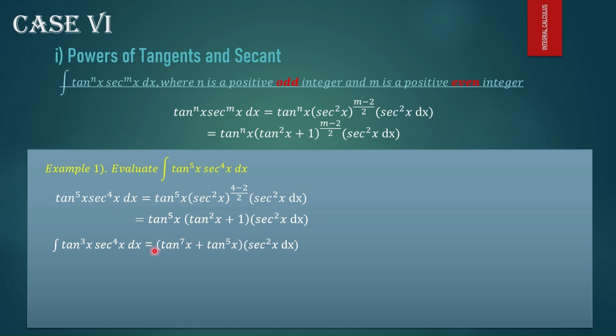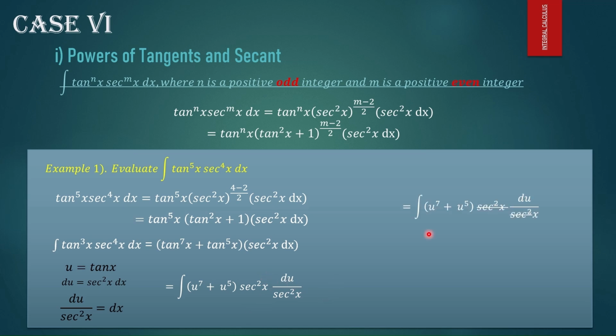By distribution, we can have 7 power of tan x plus 5 power of tan x multiplied to secant squared x. We let tan x to be our u. By substitution, we can have the integral of u raised to 7 plus u raised to 5 multiplied to secant squared x du over secant squared x.